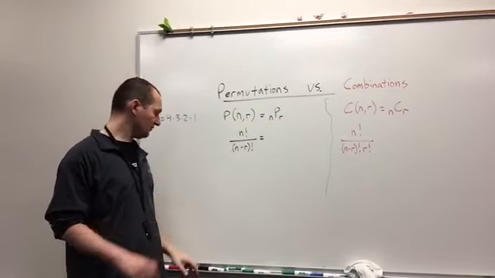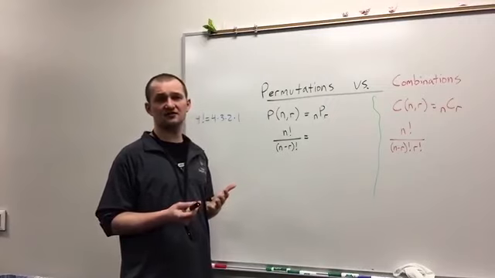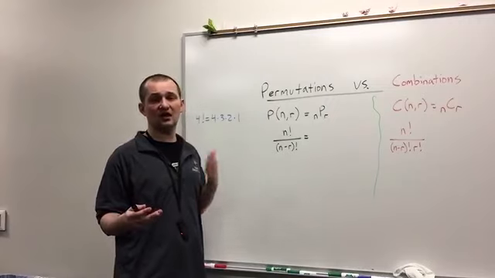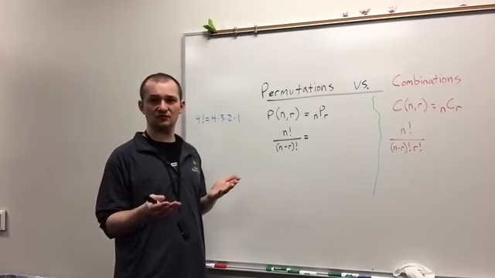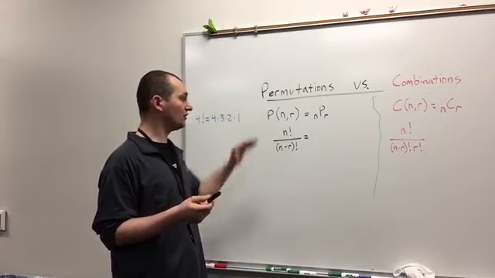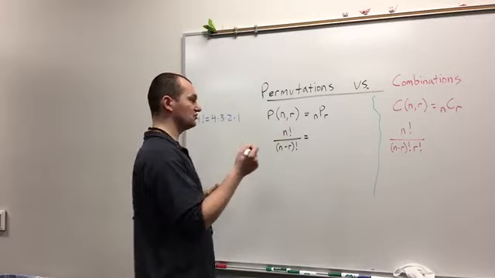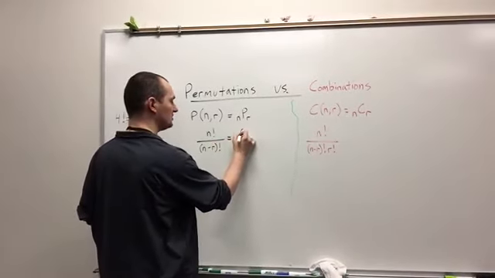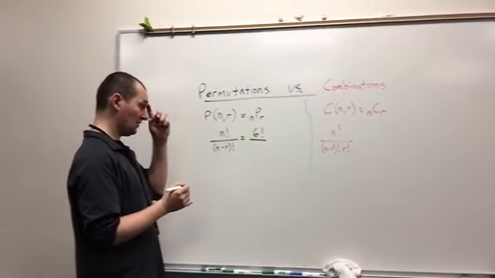An example of a problem for this that we could do is, let's say we have 6 students in class and we want to choose a president and a vice president. Since the order is going to matter because that determines which role the student is, we're going to use a permutation. So n is going to be the number of students that we're choosing from, which is 6. So I'm going to do 6 factorial, divided by n minus r.